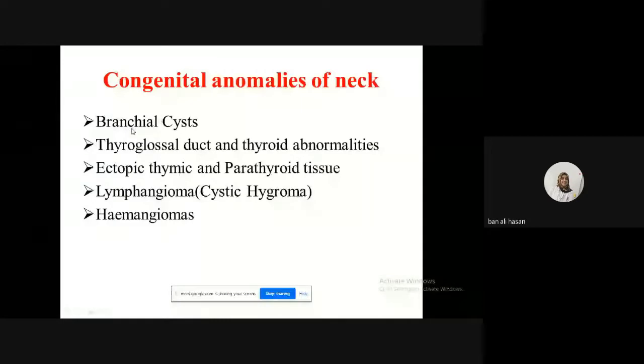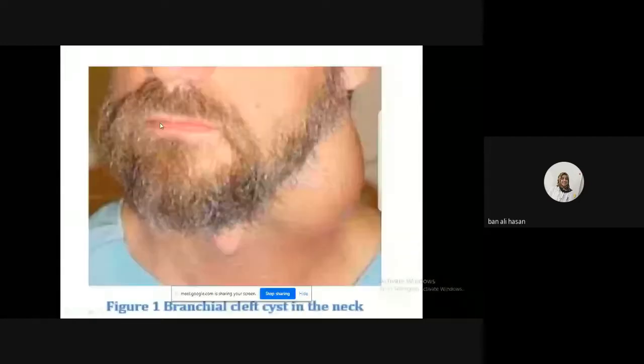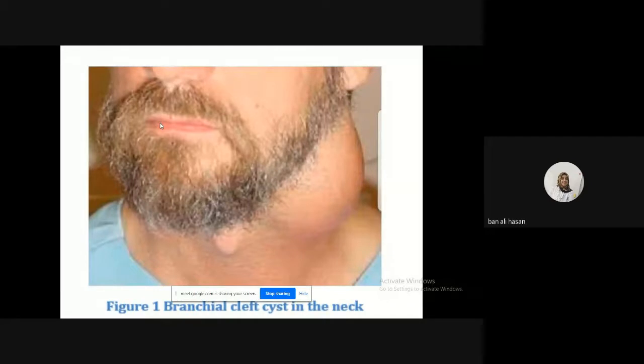Okay, so the cysts happen in cases whenever the pharyngeal arch is forming, some liquids will be aggregated in the neck part, and it can be seen as some cysts. Okay, just look at here. This is the branchial cleft cyst in the neck part. Okay, it can be seen later on, or it can be seen at the birth time.